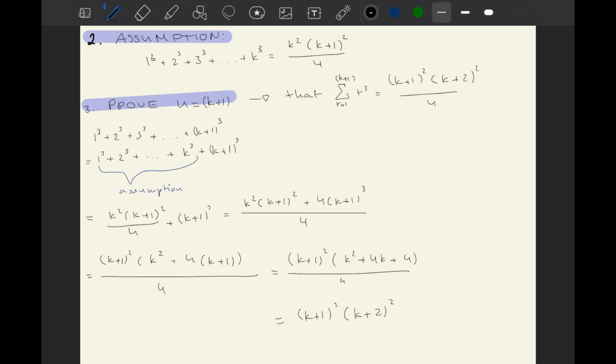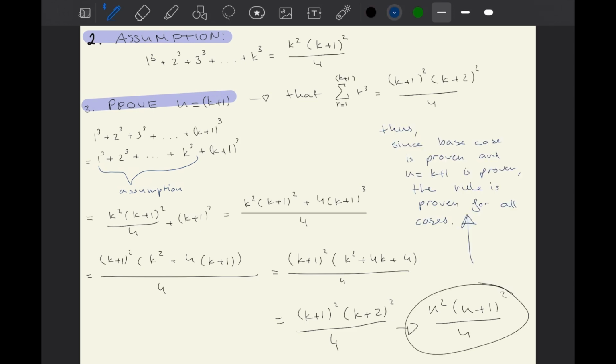We're just factorizing this expression right here. And would you look at that? This is exactly what we were trying to prove right here. Because if k plus 1 is our n, then this translates to n squared, n plus 1 squared over 4. And we have proven our rule for the case of n plus 1.